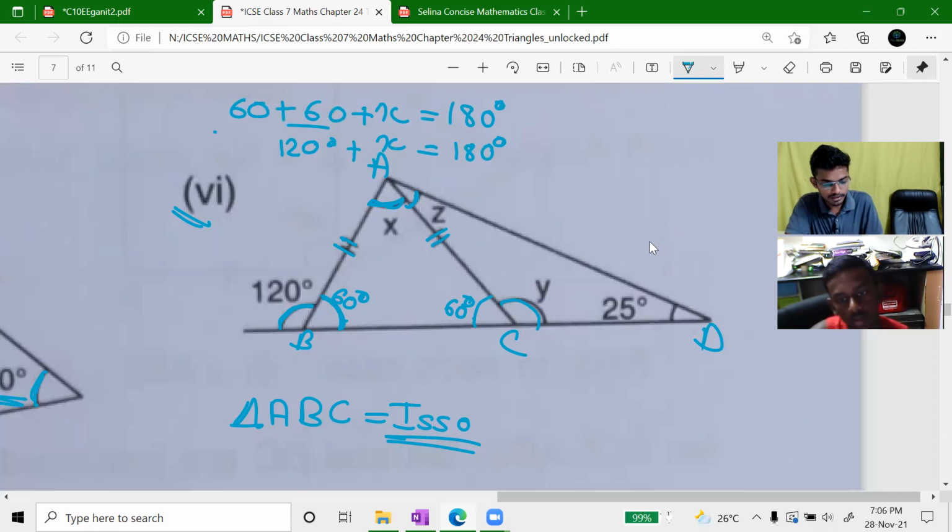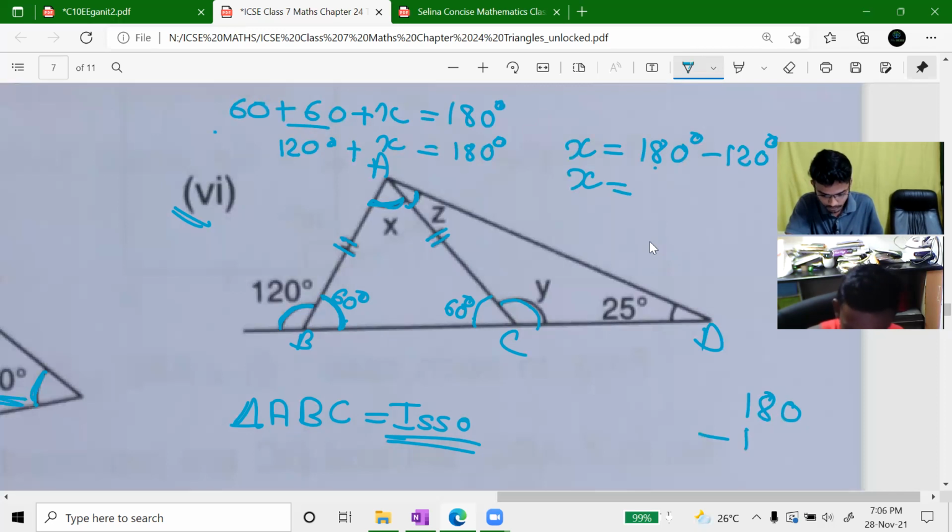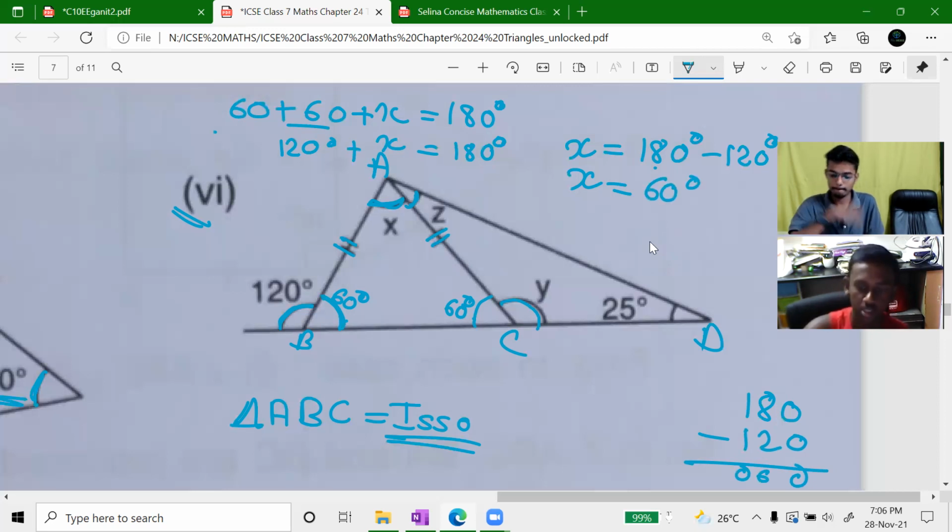You will take 120 over to the other side, so x is equal to 180 degrees minus 120 degrees. 180 minus 120 is 60. So x will be 60 degrees.